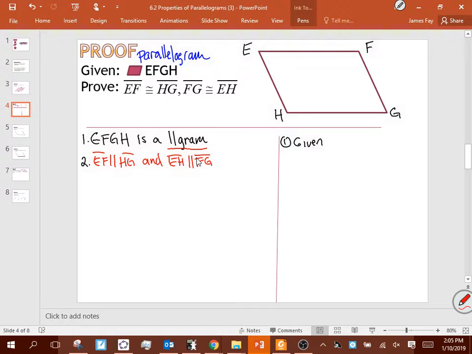Okay. Now, what we're trying to do here, maybe we should have mentioned this at the onset, is prove opposite sides congruent, right? It says, given a parallelogram, prove that EF is congruent to HG. EF and HG, in the picture, are opposite sides of the quadrilateral. Same thing for FG and EH, okay?